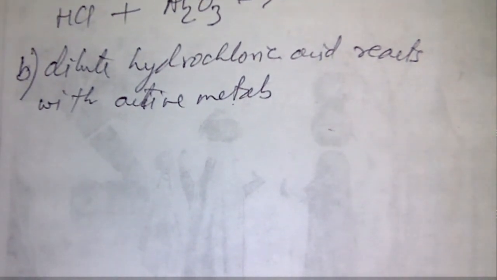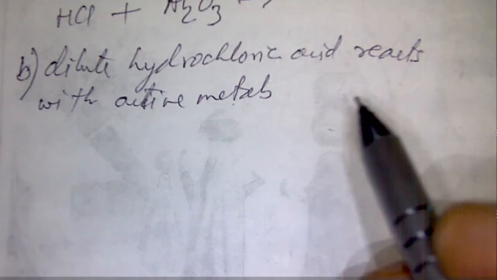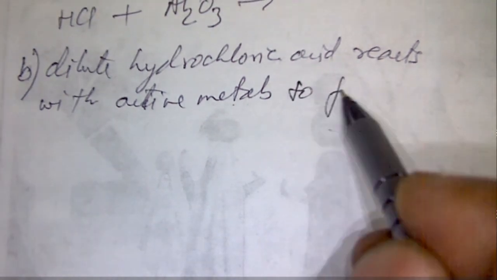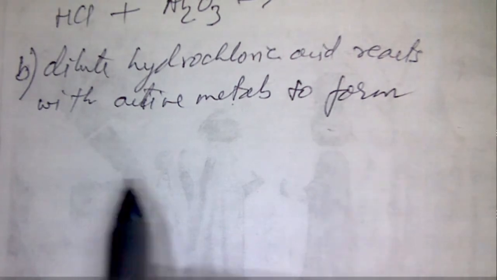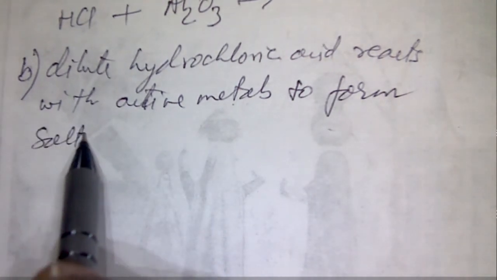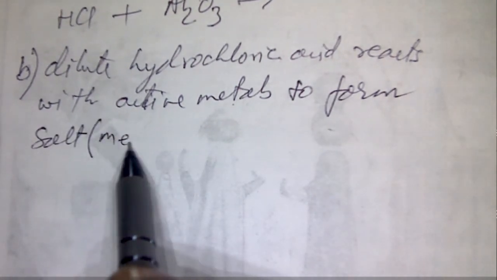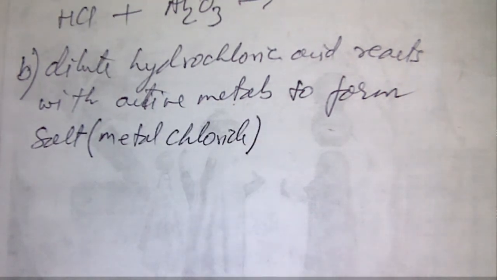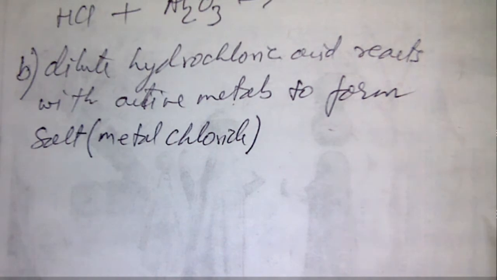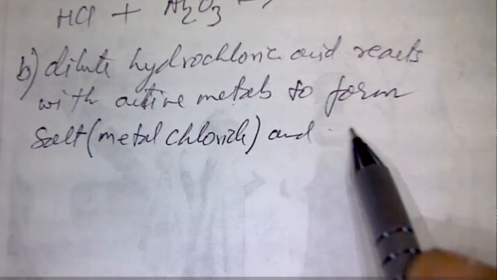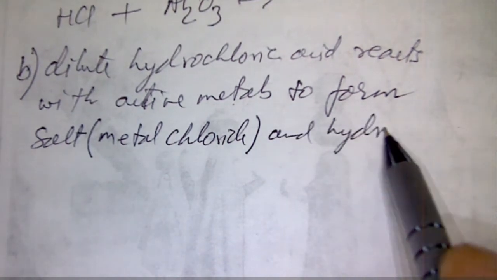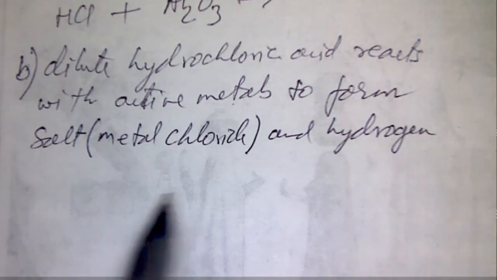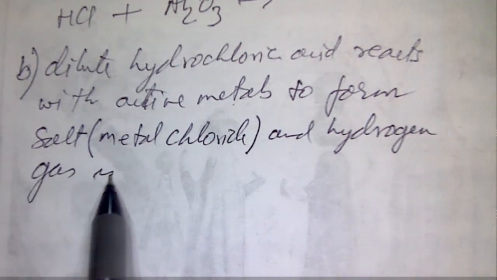The metals which are above hydrogen in the reactivity series react with active metals to form salt. Again the salt will be metal chloride, and hydrogen gas is evolved.